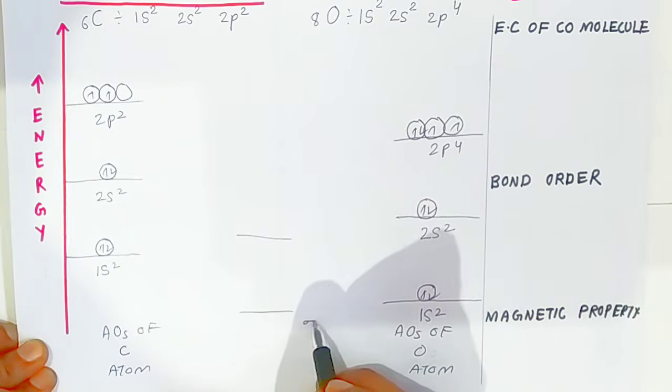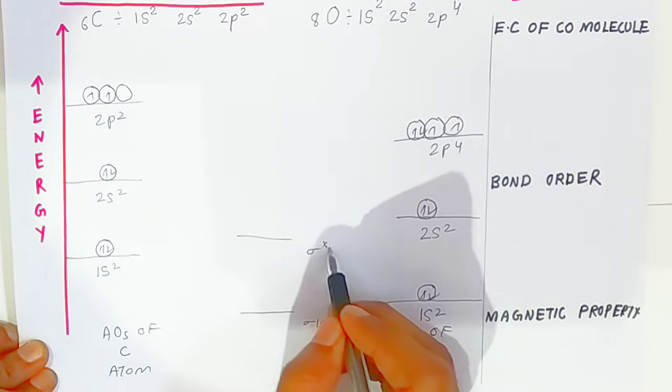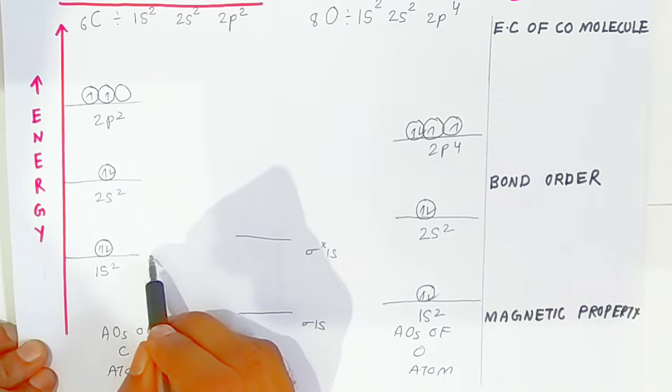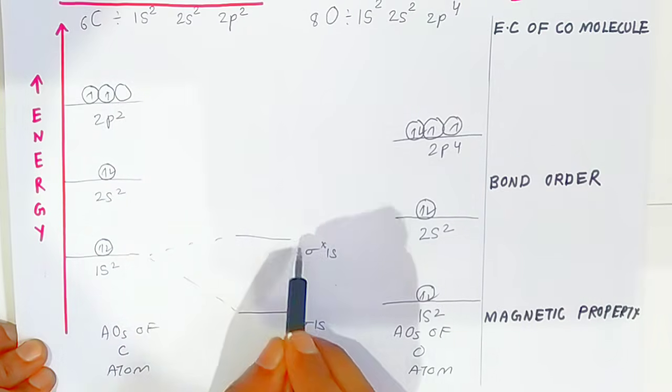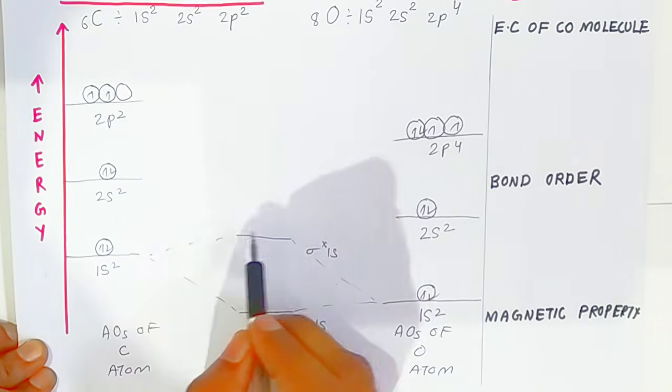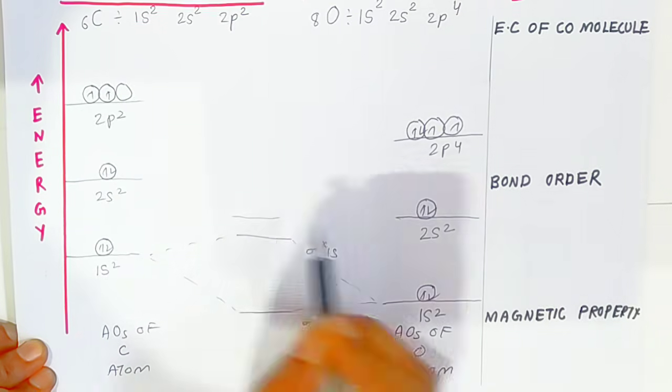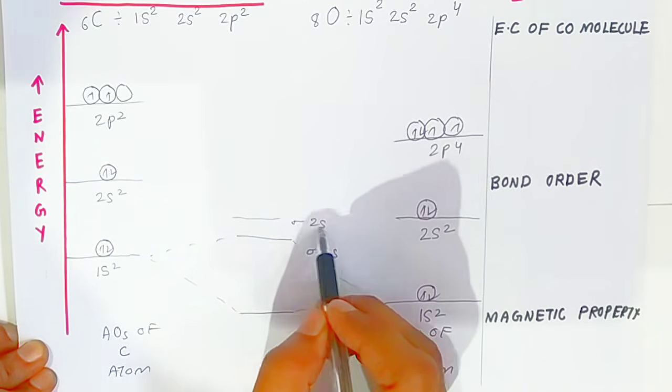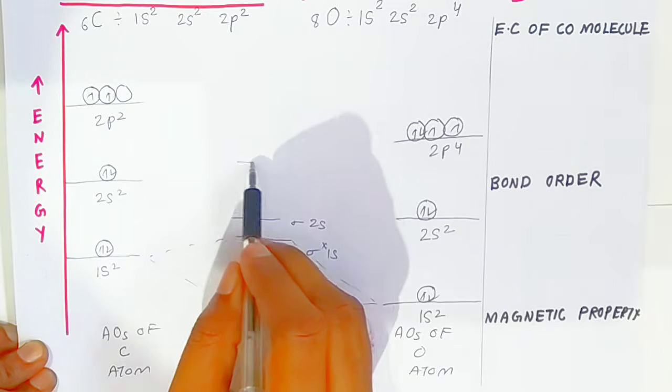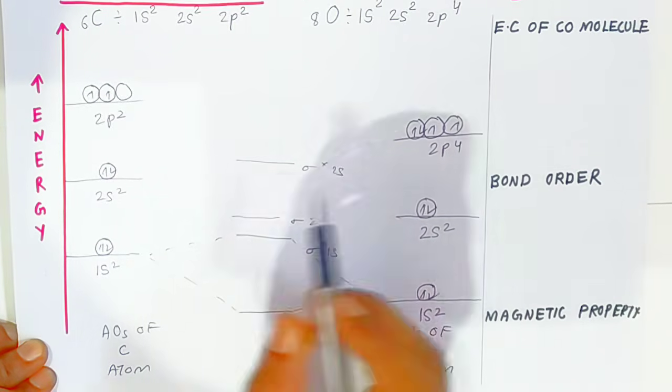So this is sigma 1s, and this will be sigma star 1s. The molecular orbital diagram will be like this. Same way here also, this is sigma 2s, and this will be sigma star 2s.